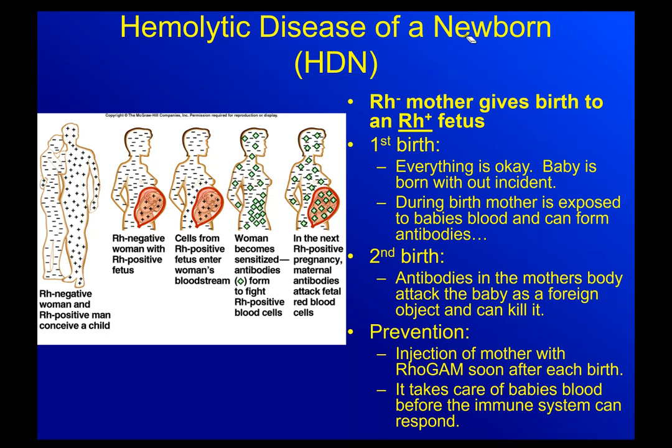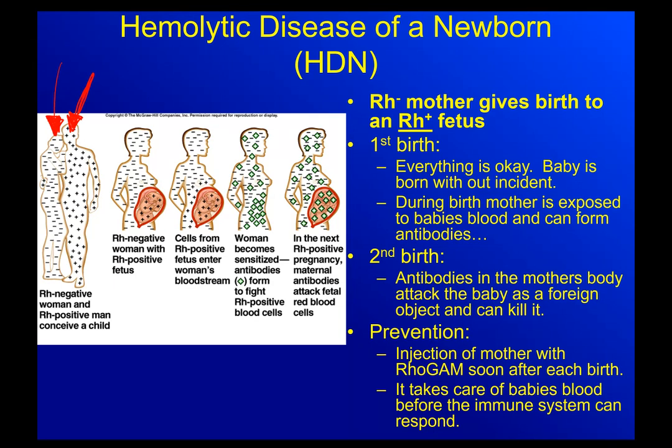So remember, if something looks foreign, your body will make antibodies to it, right? So an Rh negative woman, who doesn't have the Rh factor on her red blood cells, gets married to an Rh positive man.